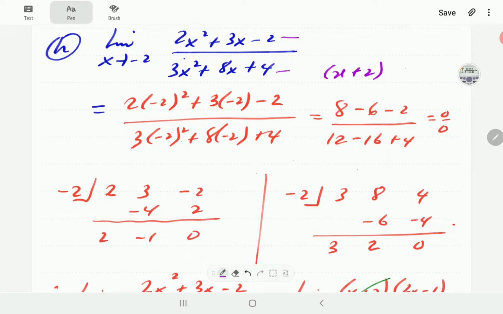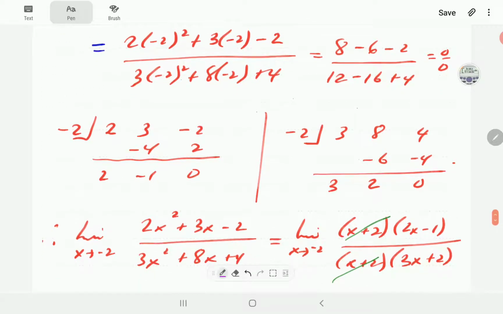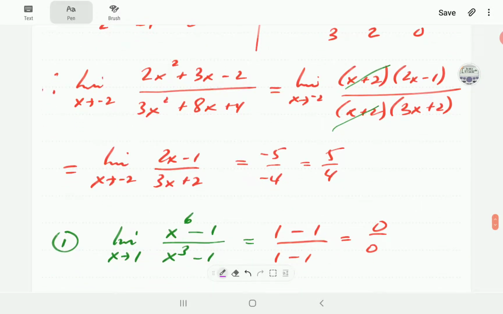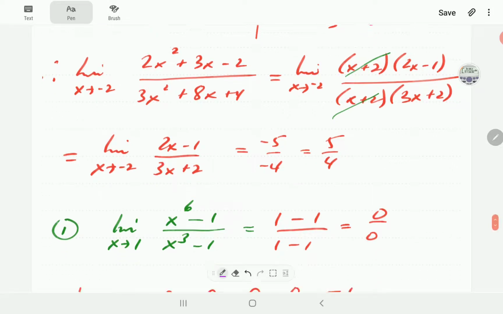This is the numerator, 2, 3, -2. This one is the denominator, 3, 8, 4. So that means we can factorize the numerator and the denominator like this. Of course, since these are quadratic, we could obtain these using the standard methods of factorizing quadratics. And then cancelling out the common factor and plugging in -2 gives us 5/4.